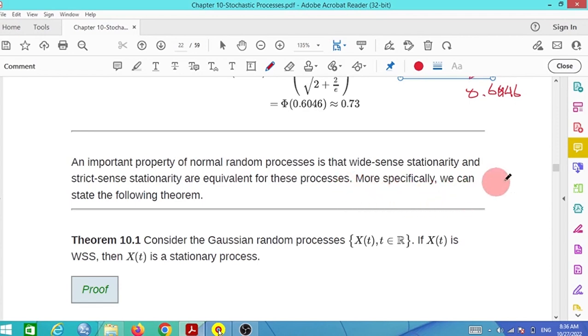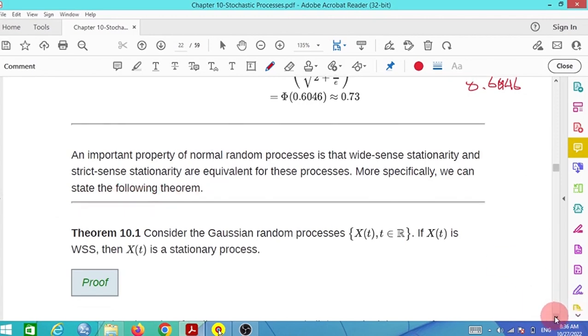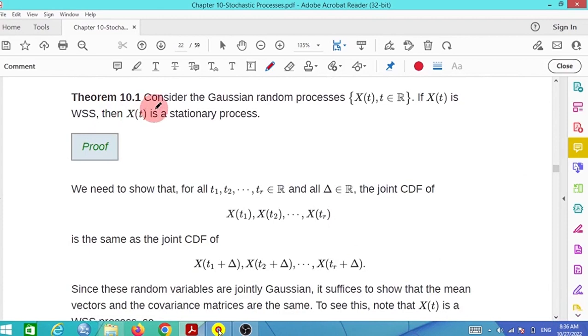More generally, we can state the following theorem. Consider the Gaussian random process Xt. If Xt is wide sense stationary, then Xt is a stationary process.